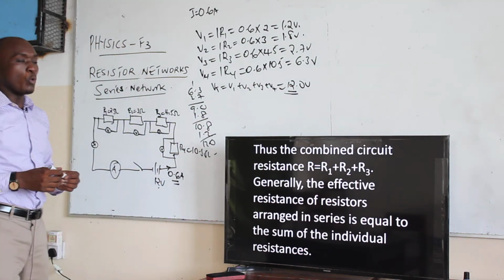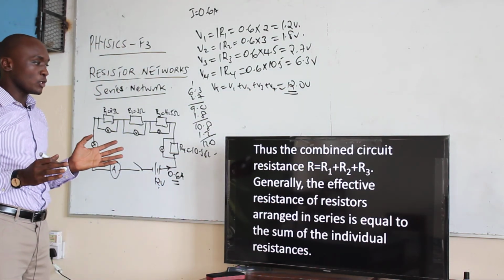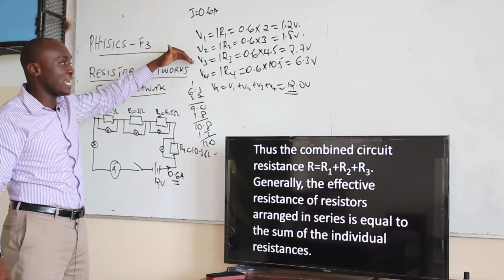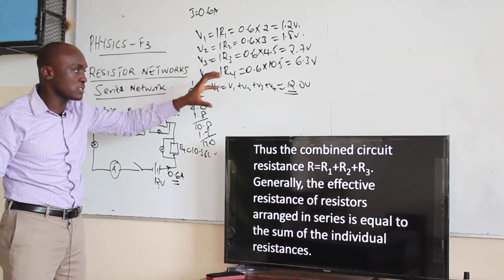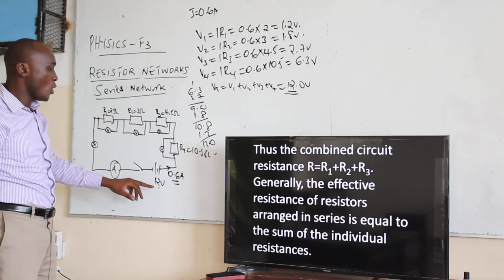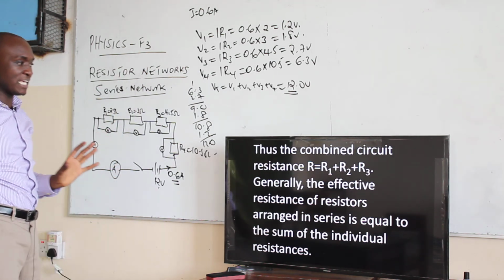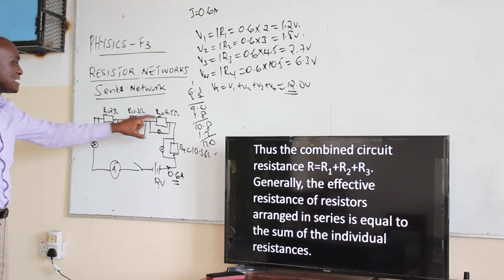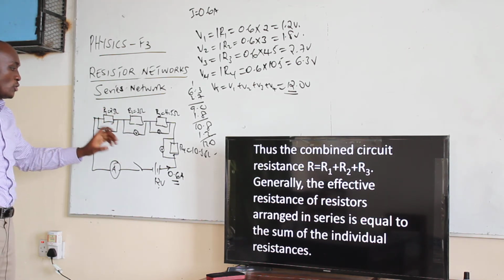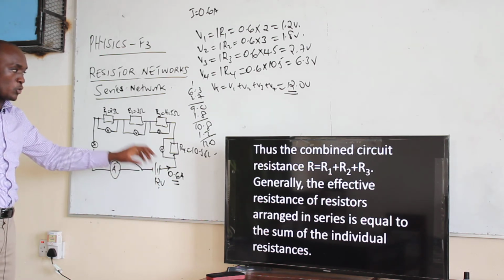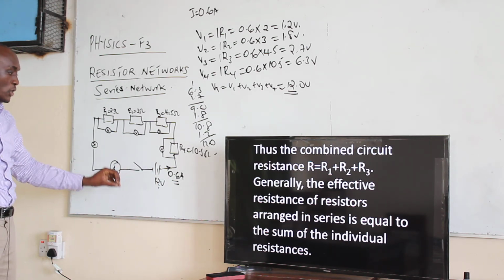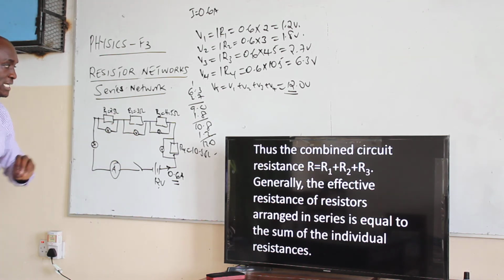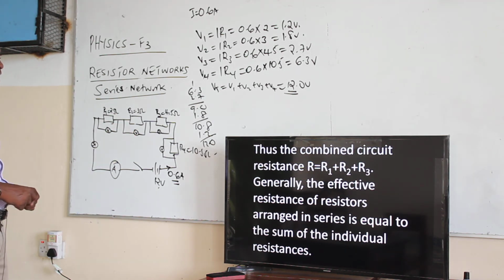So when you do all this, you can verify that whatever you're doing is very valid, by adding all the values. Now you can see very clearly that given a circuit with 4 resistors, even if you have not been given the current, you can find the current in the circuit. You can find the total resistance, because the resistors have been arranged in series.